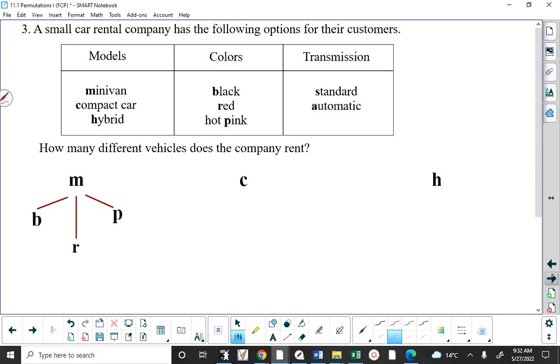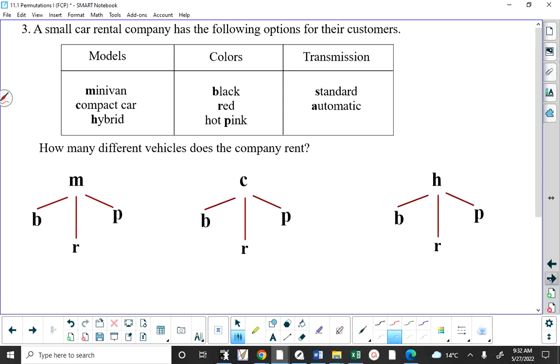Okay. If I drew them so that those 3 letters were all on the same level, then my font would have to be getting smaller and smaller as I went down. But for each of these models, minivan, compact, or hybrid, you have 3 colors. So if you didn't have a choice of transmission, the answer to this question would be 9 vehicles.